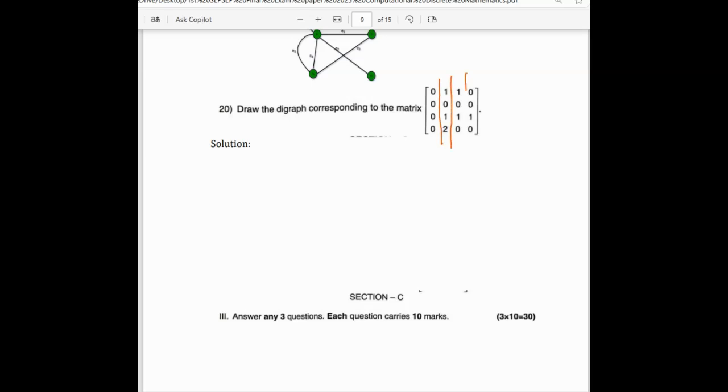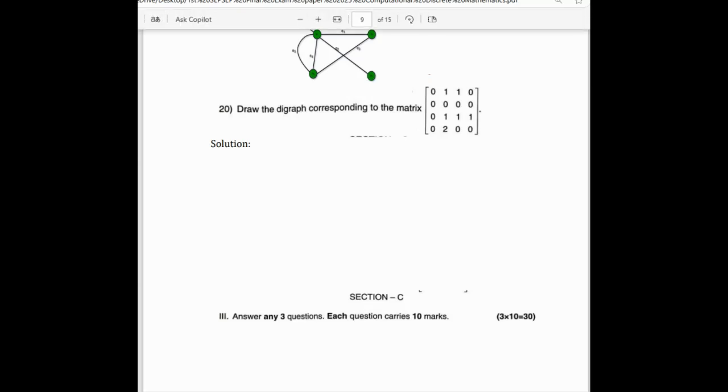Let me take this as A, B, C, D. I'll draw it separately so that you will not get confused.